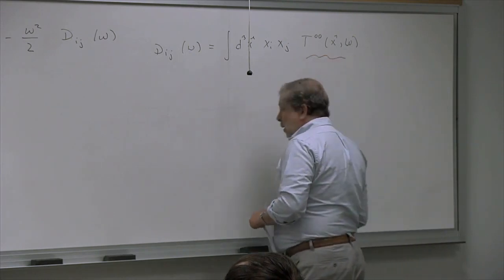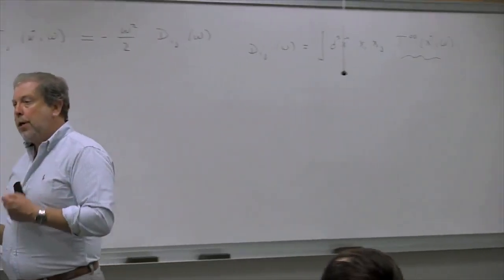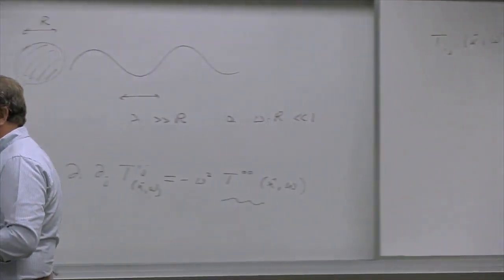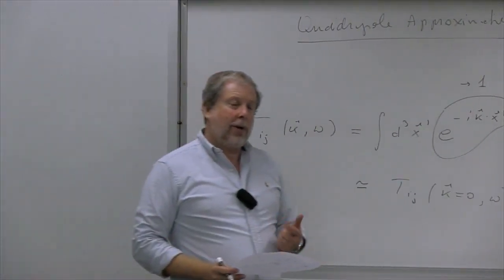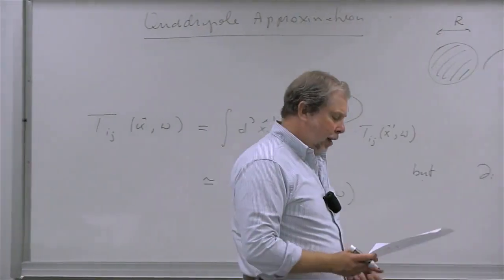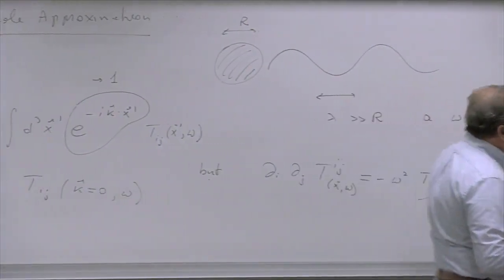All right, so that's again a major achievement. By using the fact that the energy momentum tensor obeys that conservation law, we can get rid of the T_ij's and write everything in terms of T^00, right?